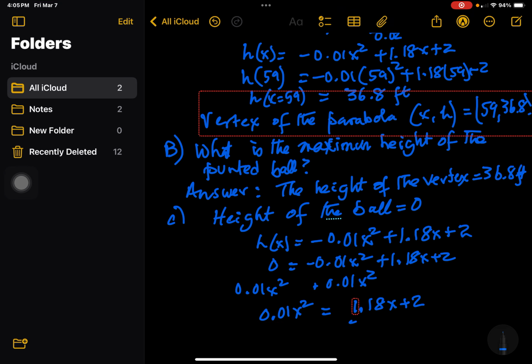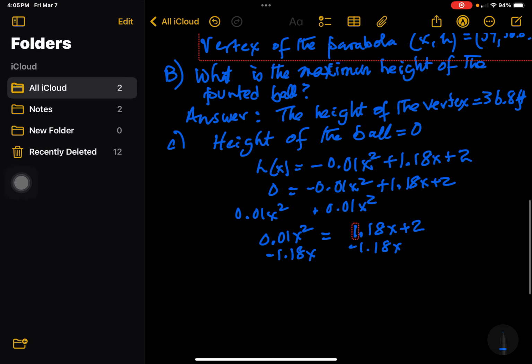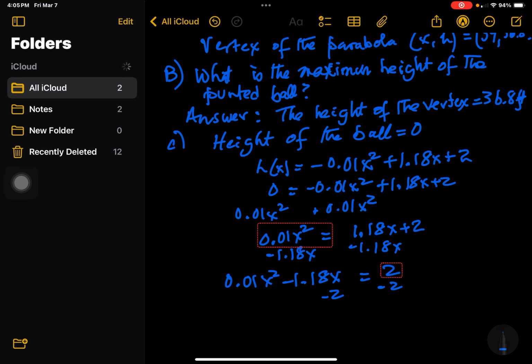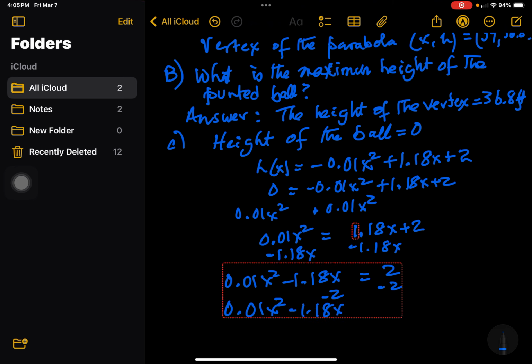Then we will subtract 1.18x from both sides, and we will have 0.01 x square minus 1.18x equal to 2. Finally subtract 2 on both sides and we get 0.01 x square minus 1.18x minus 2 is equal to 0.